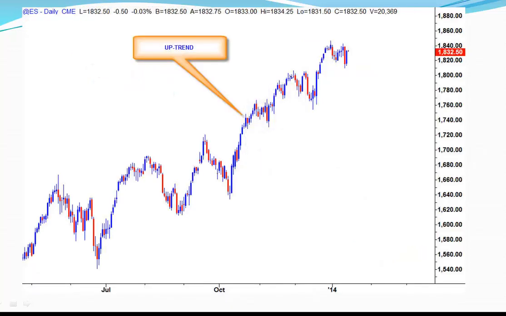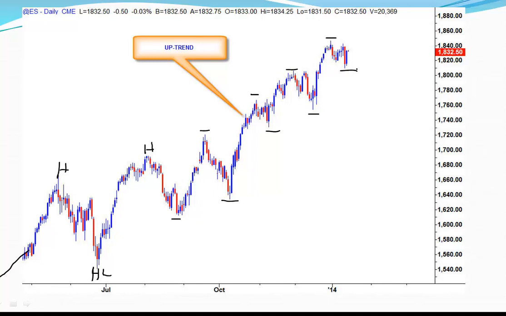Next. Now, an uptrend. What is an uptrend? Well, this may have come from down here, so if we say that this is a low, and this is a high, and this is a higher low, and this is a higher high, and higher high, higher low, higher high, higher low, higher high, this is establishing that uptrend process.